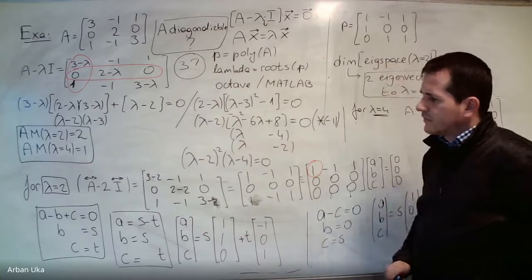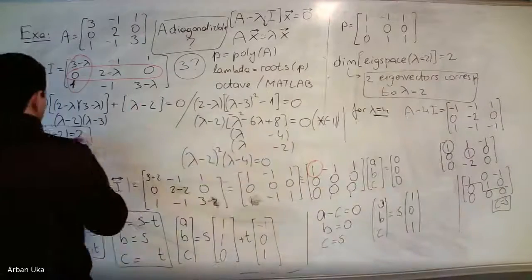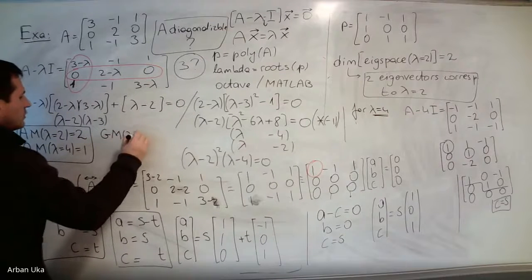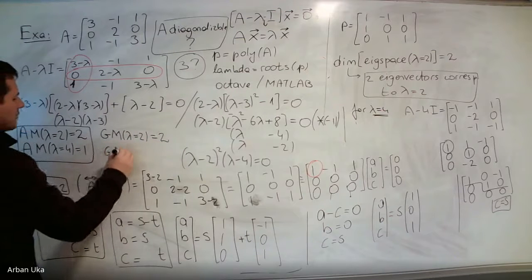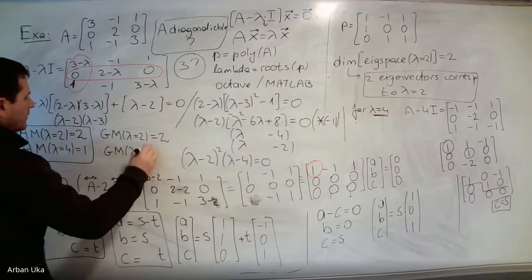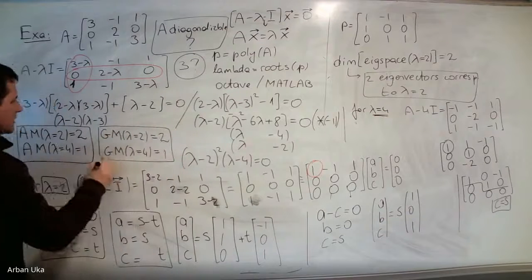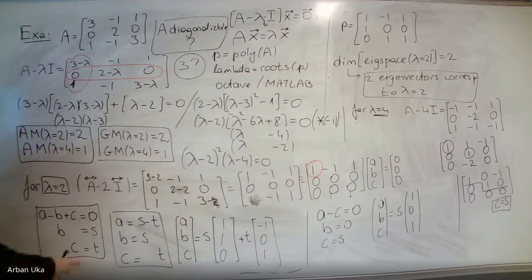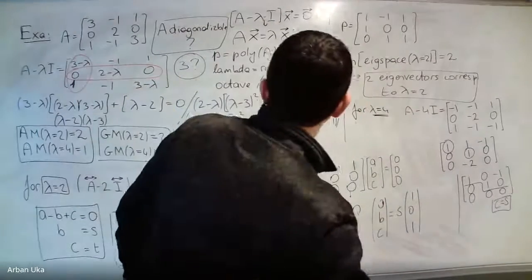We observe that the geometric multiplicity of lambda equal to 2 is equal to 2, and the geometric multiplicity of lambda equal to 4 is equal to 1. That means that we can get 2 eigenvectors from here, plus 1 here, 3. So the moment we have 3, we say, is A diagonalizable? Then we say yes.